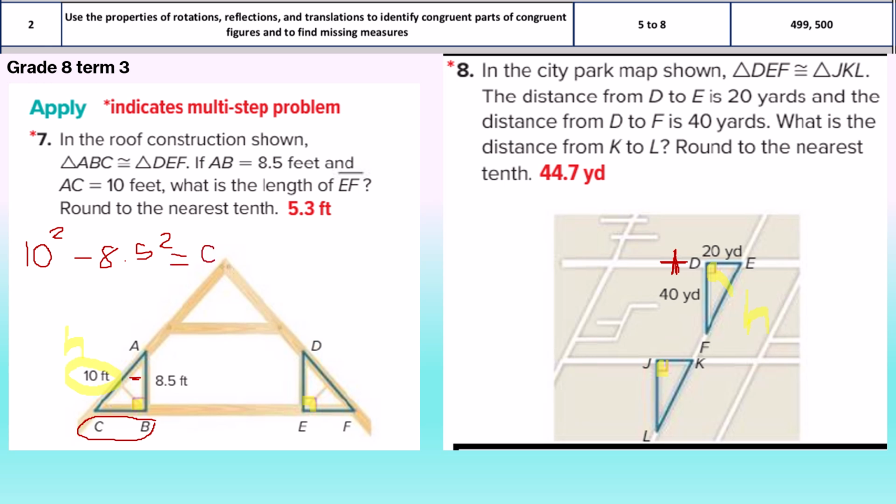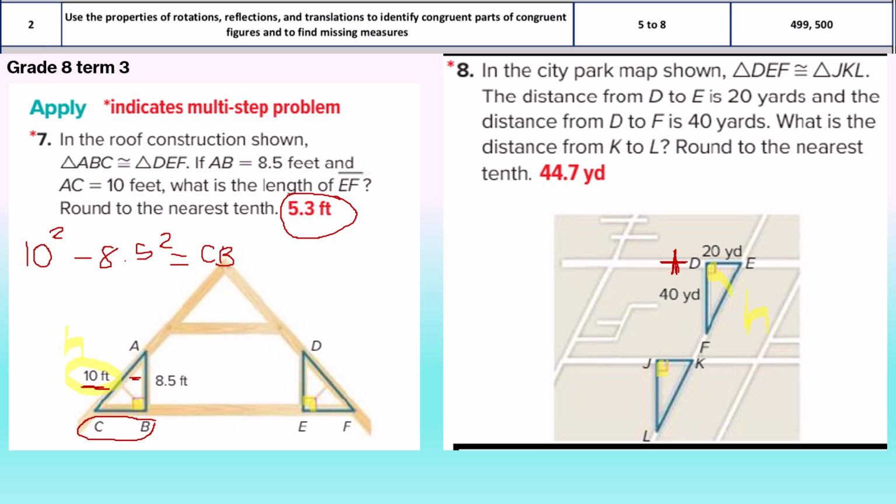When you calculate this, it will give you the answer of 5.3 feet. Always remember, the hypotenuse is always the longest side in a triangle. Therefore, your answer will never be more than 10. It will always be less than 10.